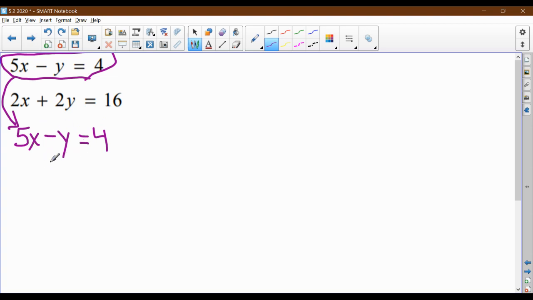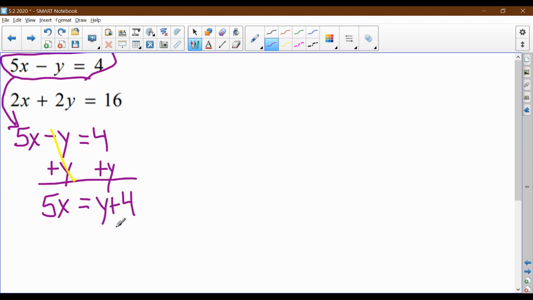All right, now right now I see my y as negative. So I think I'm going to start by adding y to both sides. The reason for that is to end up with a positive y value. That's one way of handling it. There are others. So this side has 4 plus y or y plus 4.